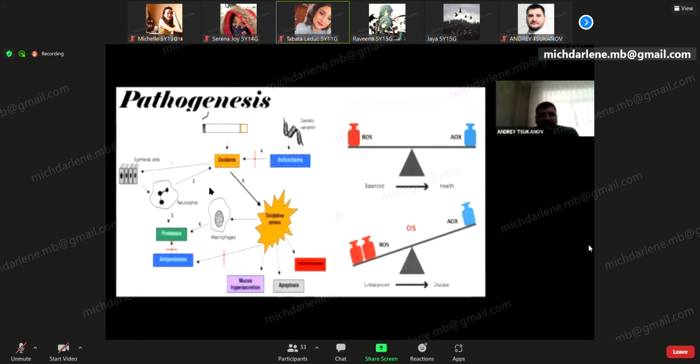With genetic variation and changes of oxidation, we see changes of neutrophils, macrophages, and in this scheme you see the changes during the process. If we see risk of oxidant stress, the disease will occur.